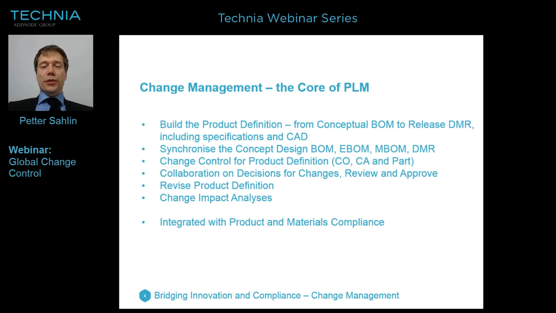So why do we do this as part of PLM? And why do we do it as part of the License Secure Suite? The key message here is that we want to have this integrated with our product compliance tools and our materials compliance status.